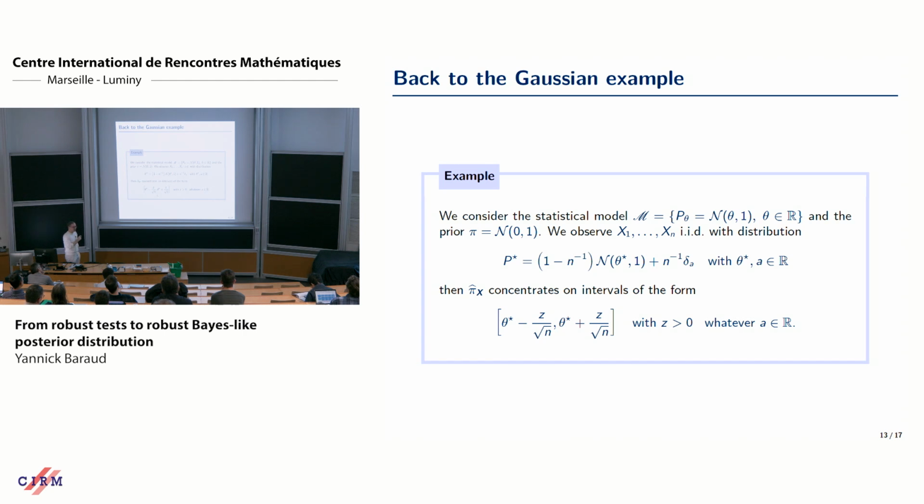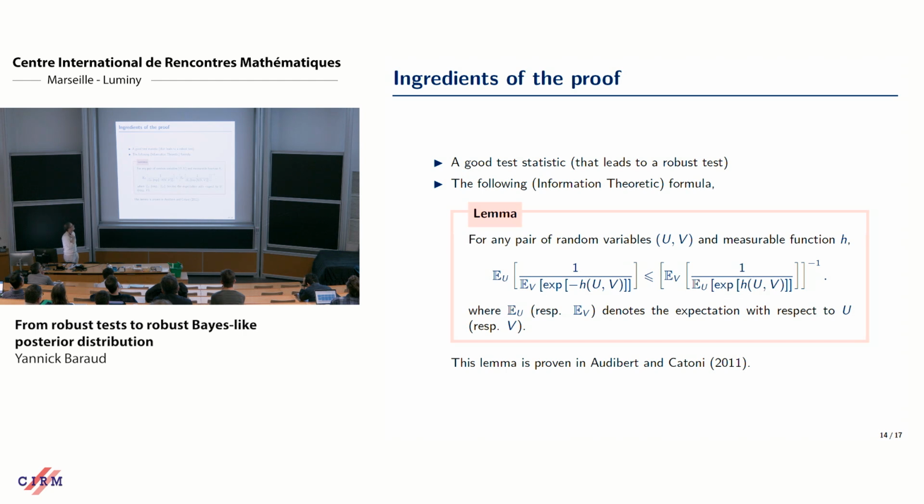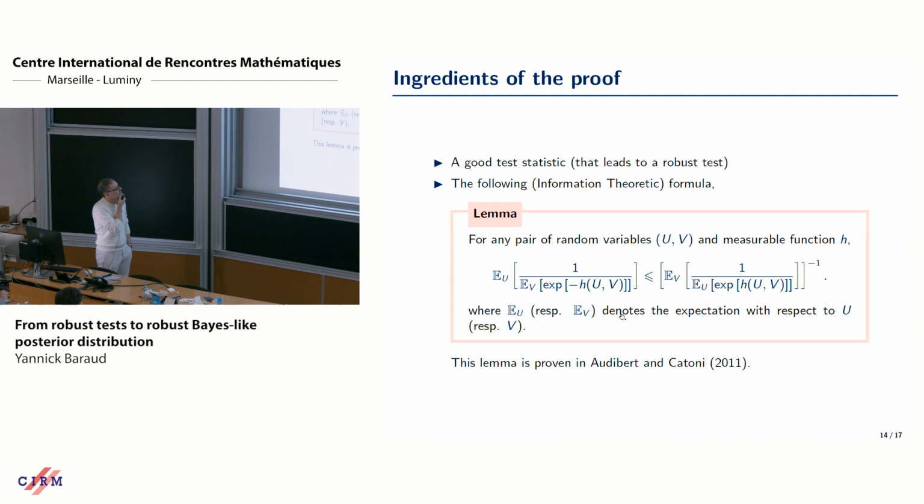Okay, so this is all I wanted to say about the result, but I just want to mention the ingredients of the proof, which is actually not very difficult. It just needs 2 ingredients. One is to find a good test statistic, theta prime, allowing to compare two parameters in the parameter space. And the other ingredient is something that has been proven by Audibert and Catoni, which is a nice result.